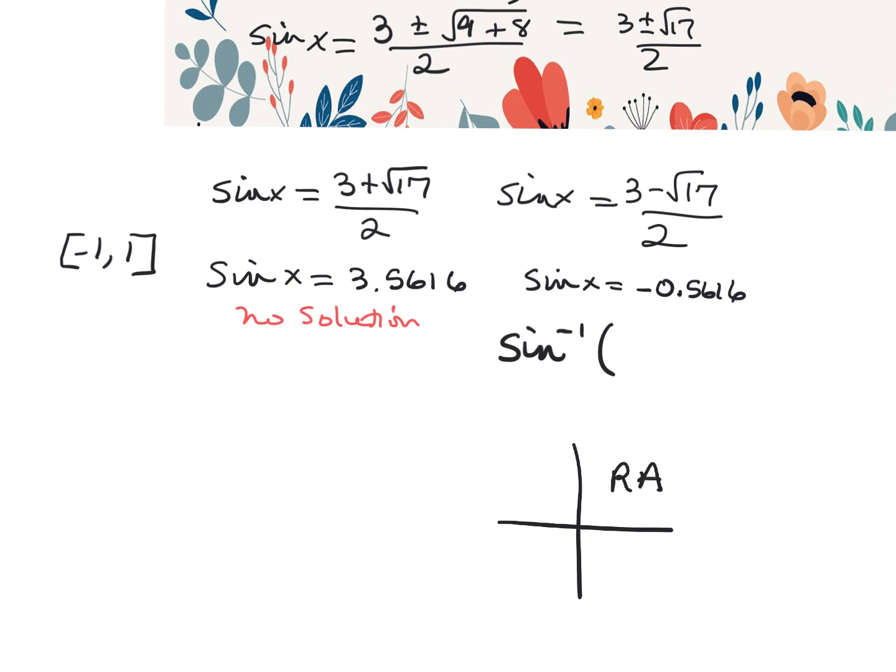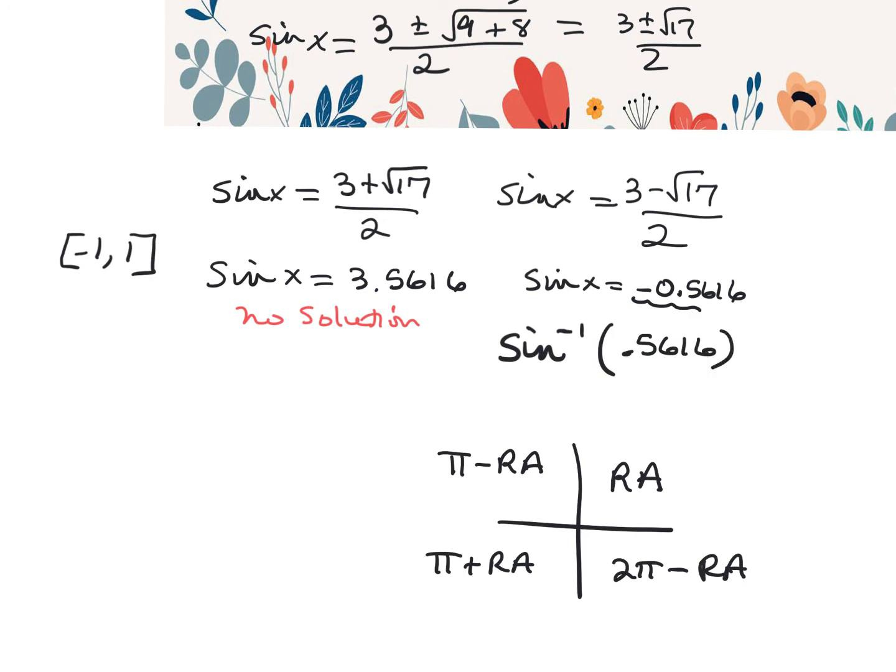For quadrant 2, remember you take pi, subtract the reference angle. Here it's pi plus the reference angle, and here is 2 pi minus the reference angle. However, to get the reference angle from quadrant 1, I am going to enter this number as a positive 0.5616.